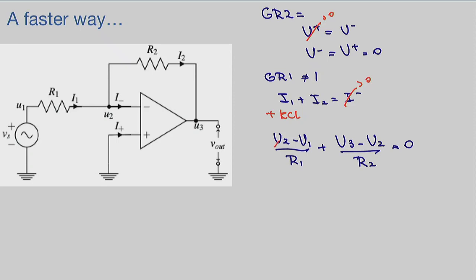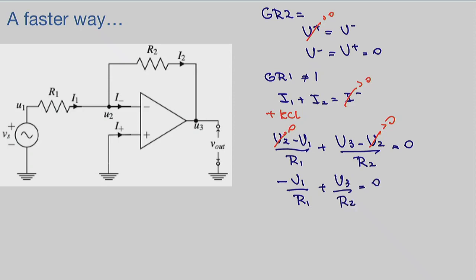So if we know that this is 0, then we have a much quicker way to get to minus U1 over R1 plus U3 over R2 equals 0.